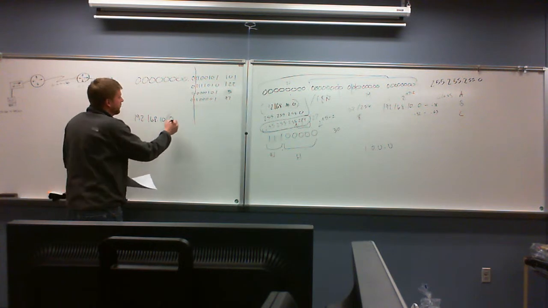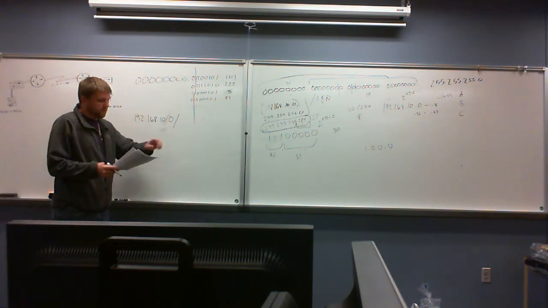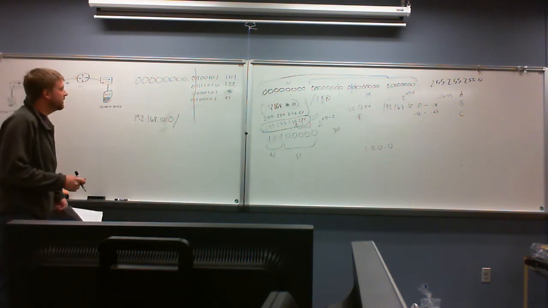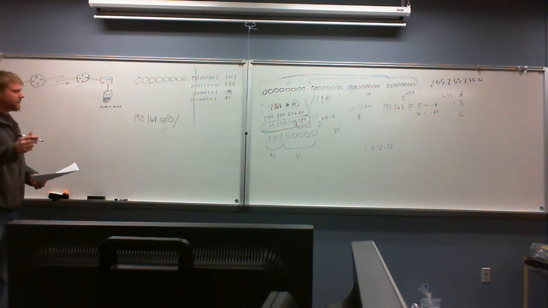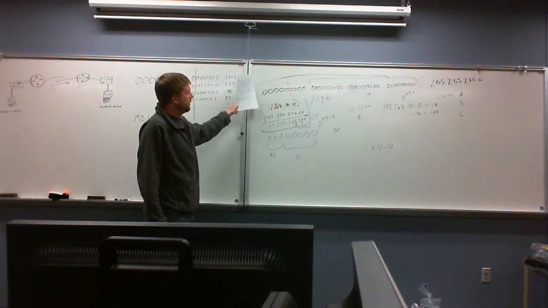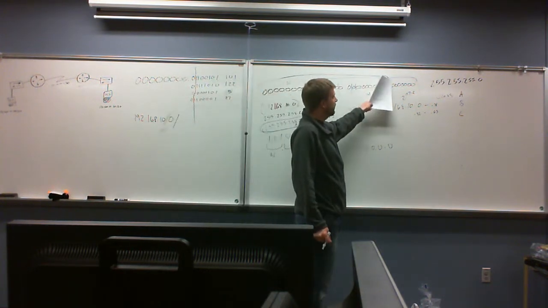And your slash notation, based on this example, isn't going to be the same as the paper because I changed those first 2 bits. But when you're doing summarization, you're counting the bits from this portion of the network mask, or the IP address over here.